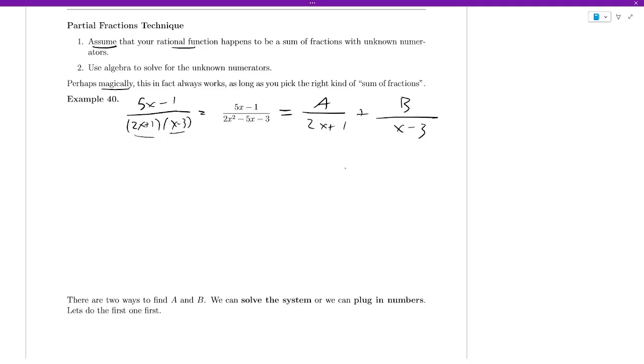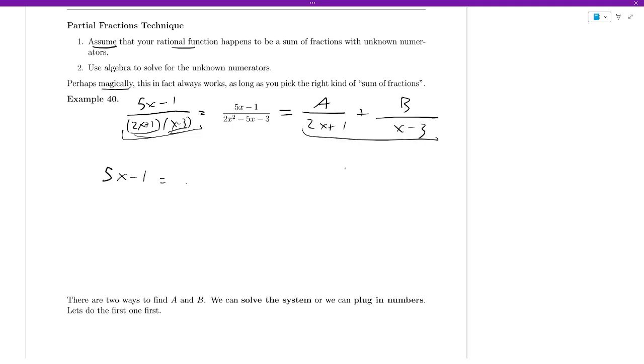Let's see how we actually do that. The idea is to focus on this thing being equal to this thing. Since they're equal, I can multiply both sides by the entire denominator of the left side. If I multiply the left side by that entire denominator, then all that's left is the numerator.